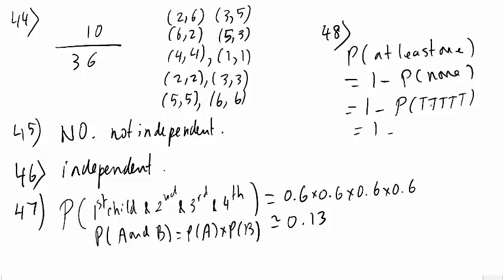Each tail has a probability of 1/2 of happening, so that will be 1/2 raised to the 5th power, or 0.5 raised to the 5th power. And if you do the math, for 48 the answer is going to be 0.9688.